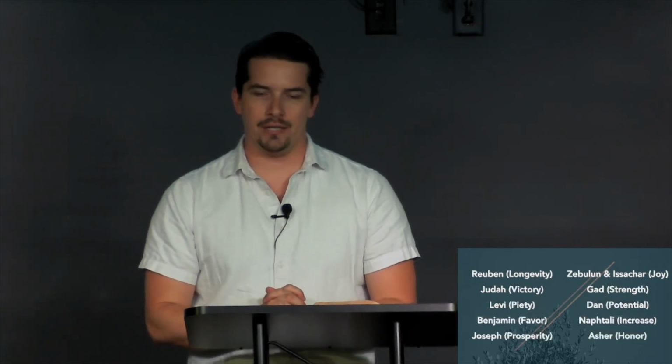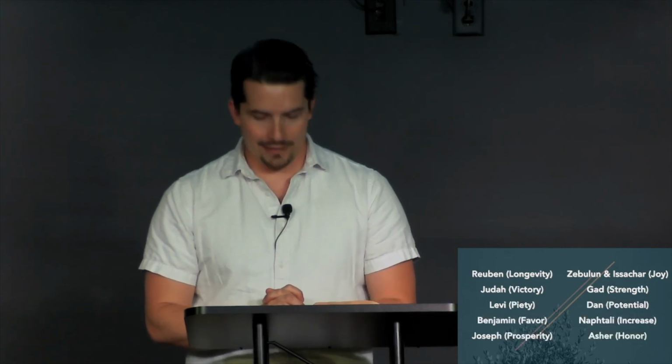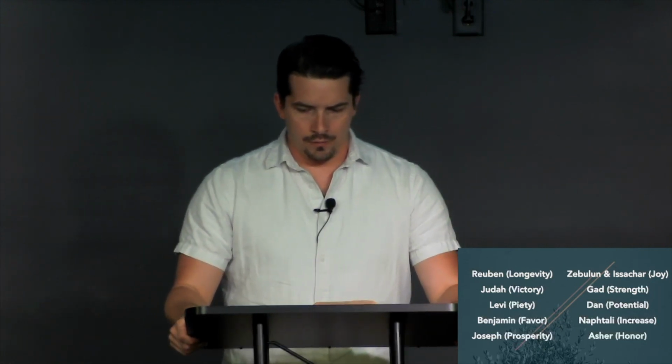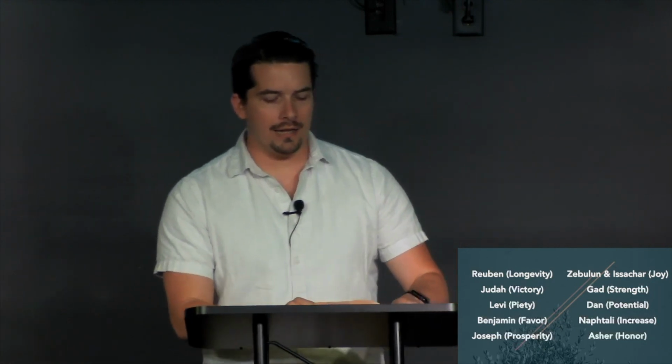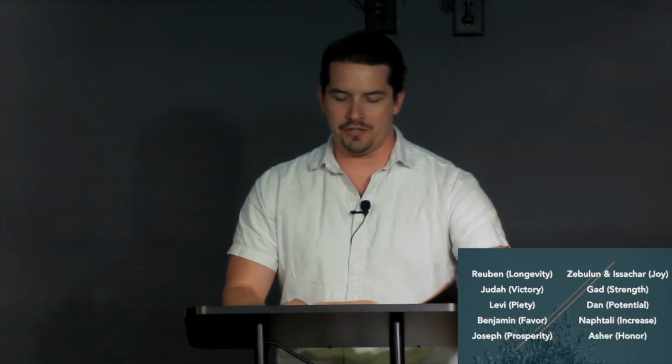So 10 blessings. We've got 11 tribes because he rolls 2 into 1 and he leaves out the tribe of Simeon. Verse 26, there is none like God, O Yeshurun, who rides through the heavens to your help, through the skies in his majesty. The eternal God is your dwelling place, and underneath are the everlasting arms.